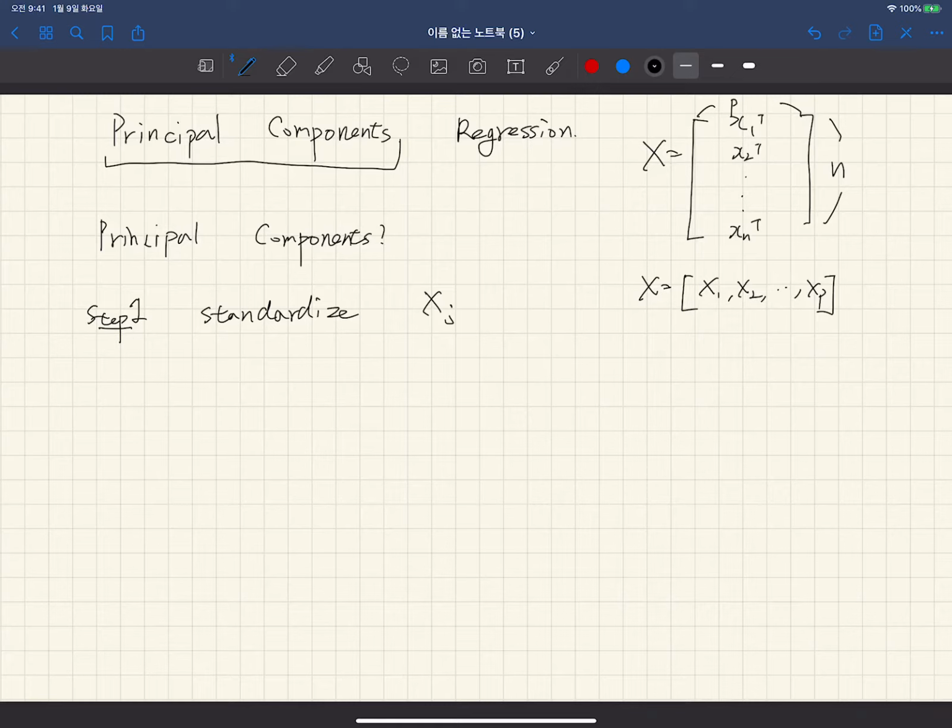Okay, so the principal component technique usually at the beginning standardizes the columns.